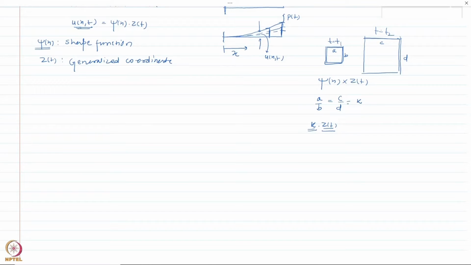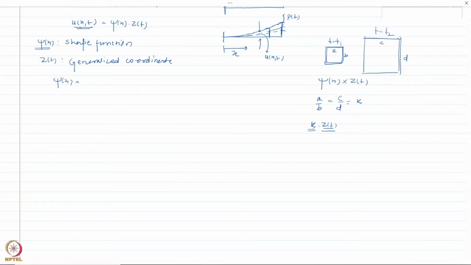Now take that analogy and let us revert back to the vibration of this cantilever beam that we are considering. Since this is a one-dimensional body in terms of coordinate x, let us say I'm somehow able to represent the location of each and every point on this deformed shape of the cantilever beam through a function phi x, and then there is another coordinate z t which is changing with time.